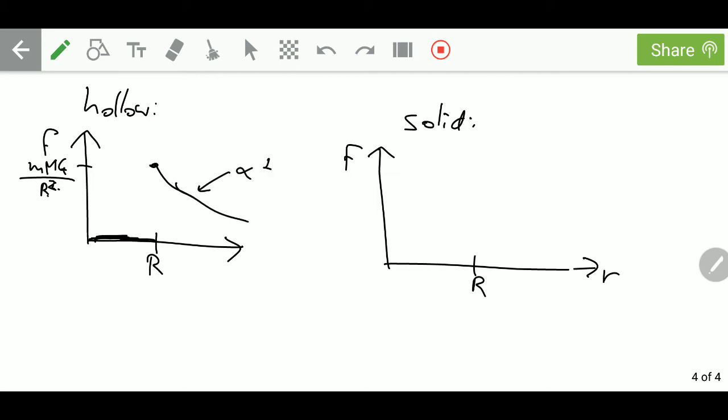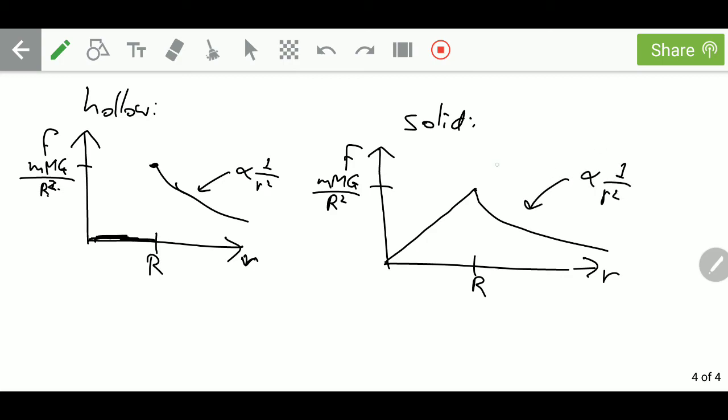That's proportional to 1 over r squared. And in the solid case, it'll grow linearly to that value and then decay as 1 over r squared. This will be linear, so it will be proportional to r. So that's what these cases look like.